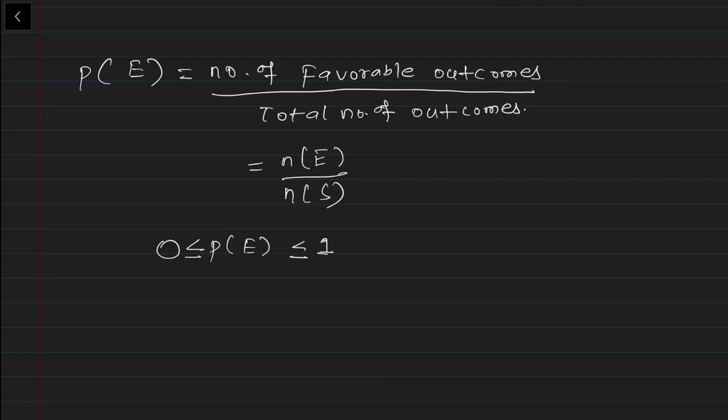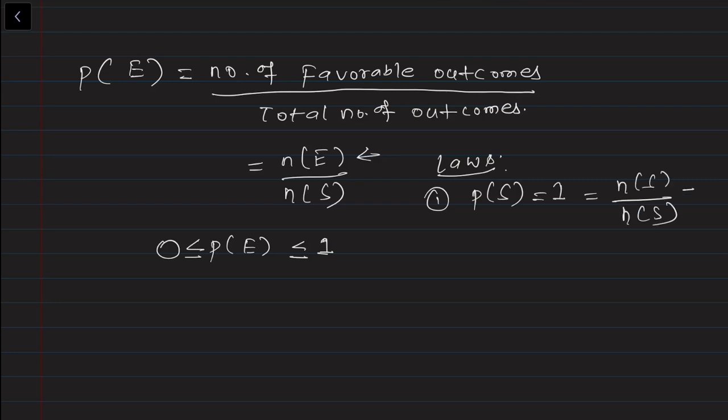Now let's look at a few laws of probability. So first law is probability of sample space is 1, and you can see this from the formula as well. In the numerator, if you put the sample space as the event, then you can cancel this out, right?